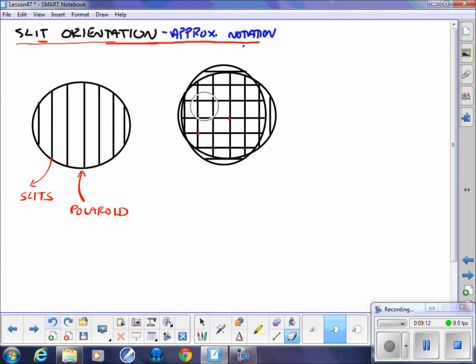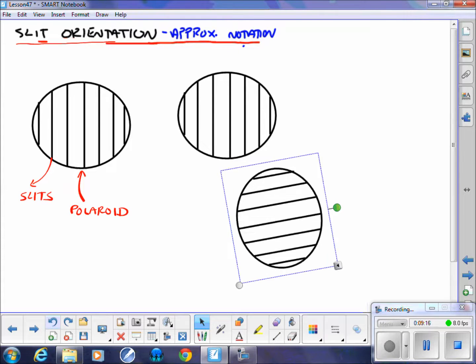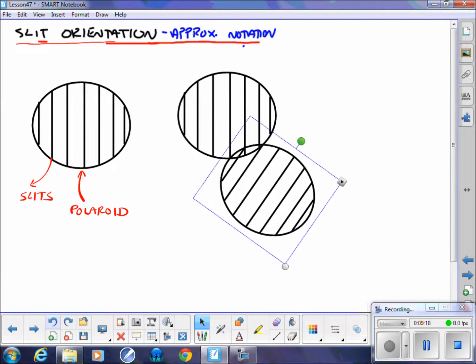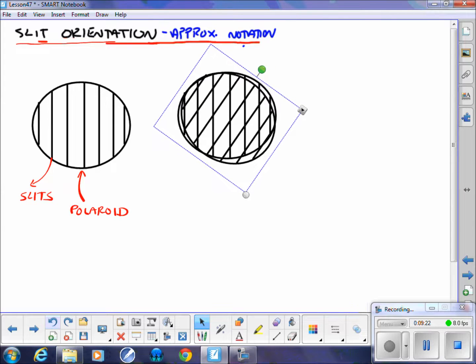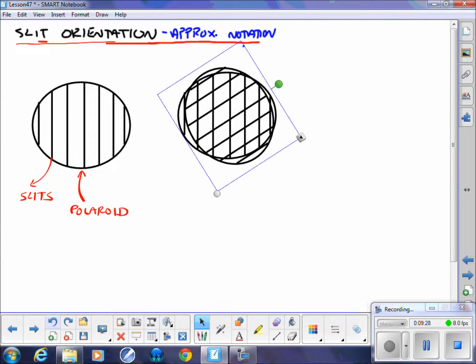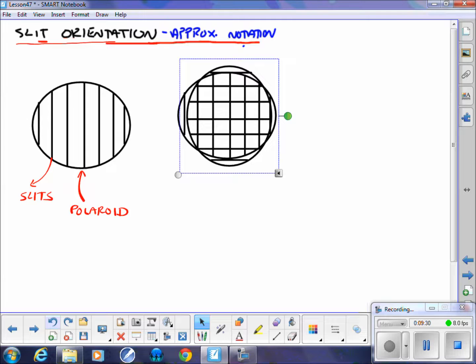So what happens if they're oriented at an angle? So if I grab that top one, and we look at it in terms of an angle, what happens is that some light will be able to pass through. So the closer we approach 90 degrees, the less light will be able to pass through.